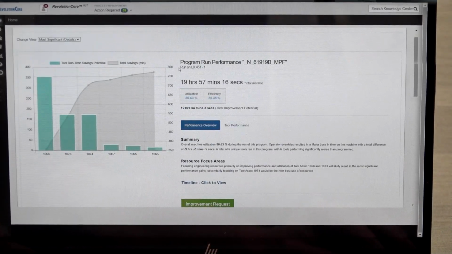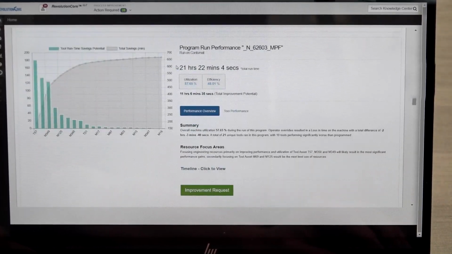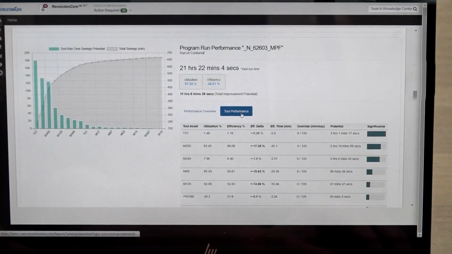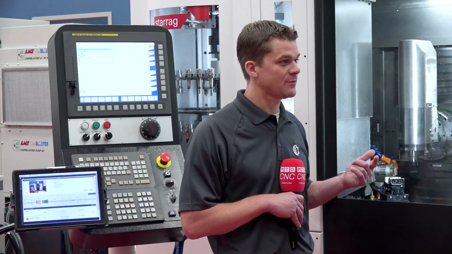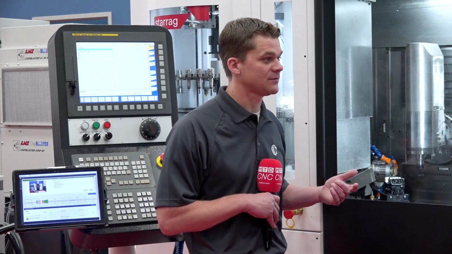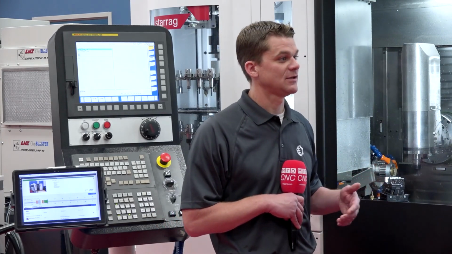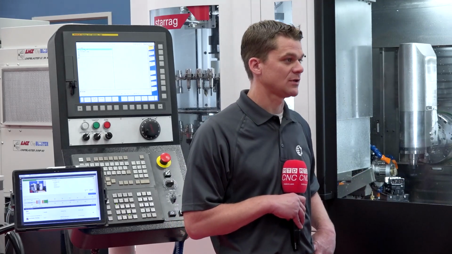For us, G-code, axis position, spindle load, temperatures, all that data, but the tool information is critical too. So the tool, the program, all of that information is critical for us to analyze the process and tell people where they could start improving.